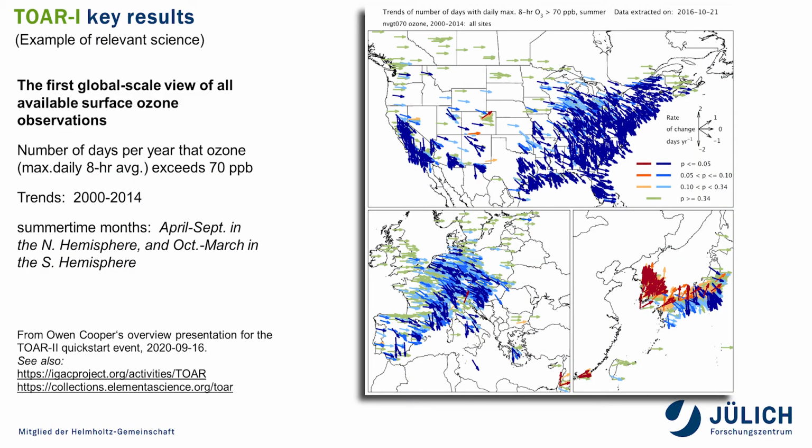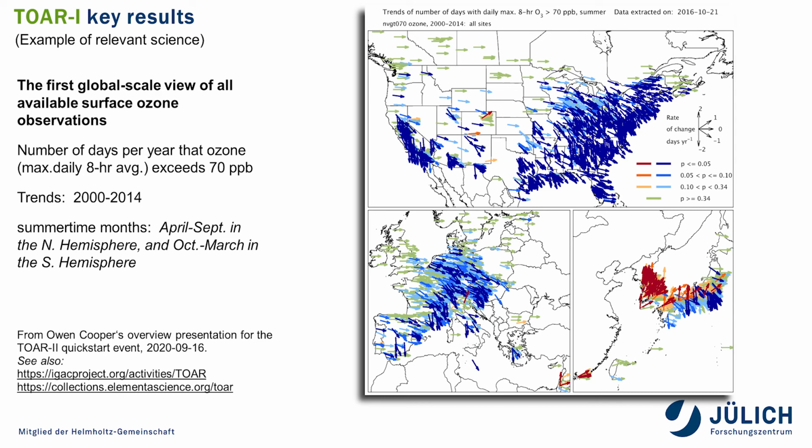To just give you one example of what TOAR 1 has accomplished: with the database that we set up here in Jülich, it was possible to generate the first global scale view of all available surface ozone observations. And what you see here is a trend picture symbolized by these arrows. If they point downwards, there's a decreasing ozone trend. If they point upwards, there's an increasing ozone trend.